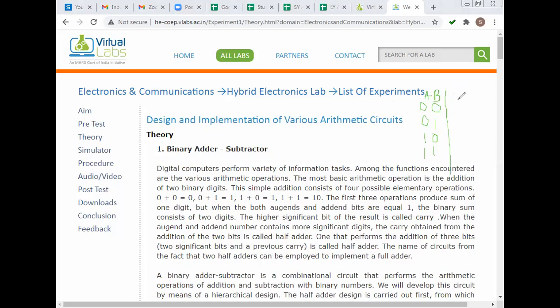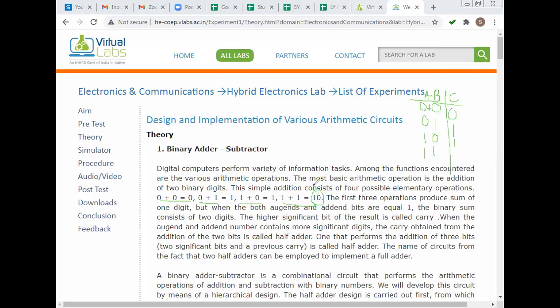Suppose we consider C as the output. So what is the output for that? 0 plus 0, what happens? The answer is 0. Okay. In 0 plus 1, what is the addition? 1. In 1 plus 0, what is the addition? 1. And 1 plus 1, what is the addition?